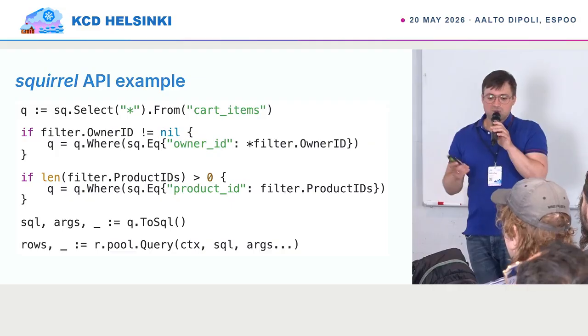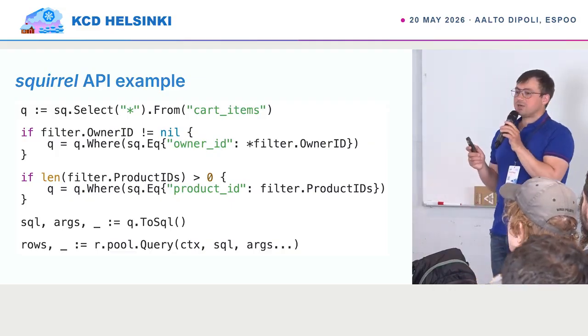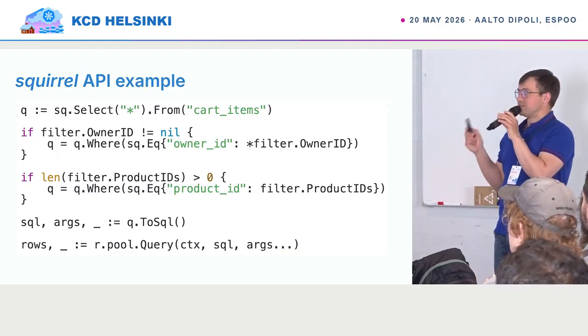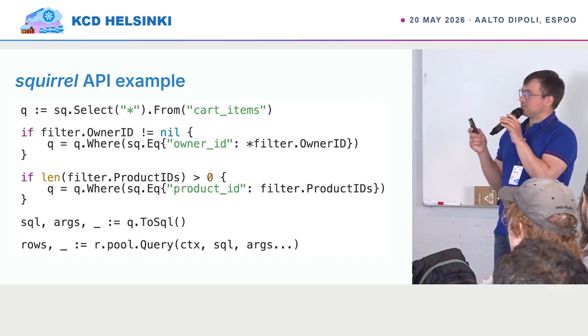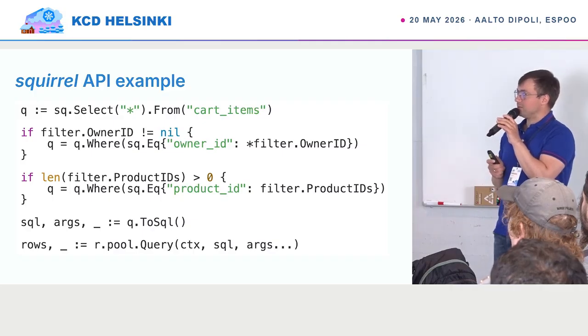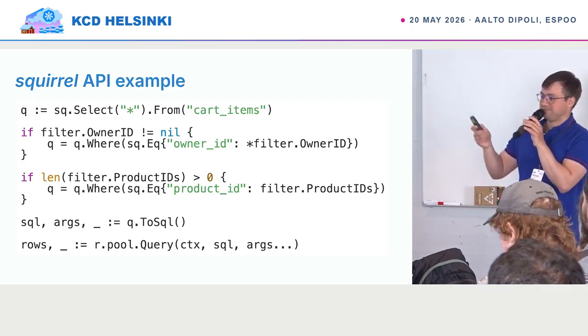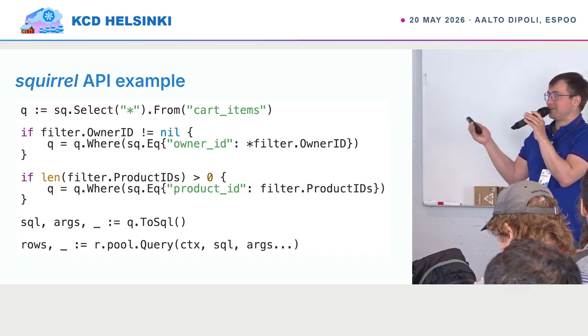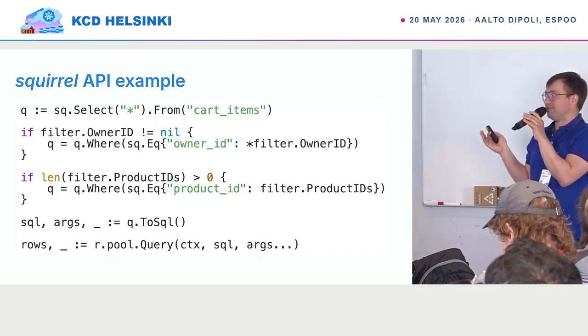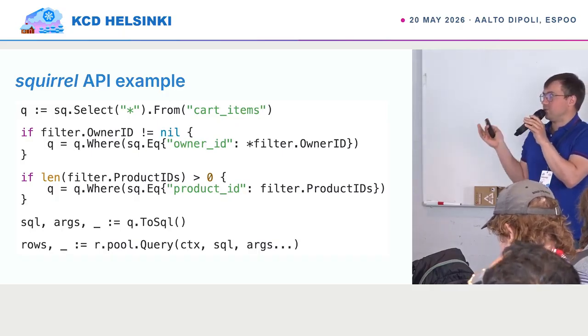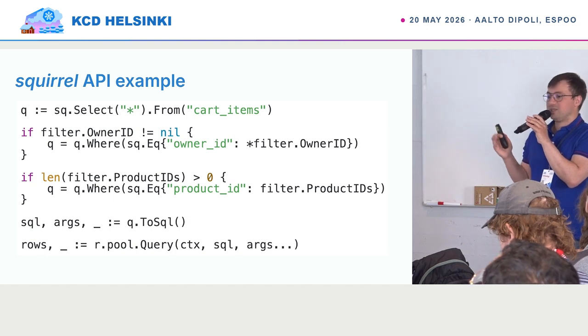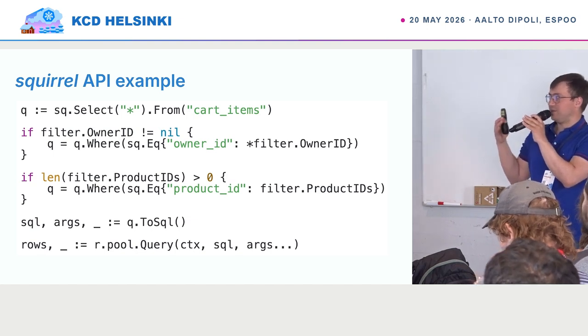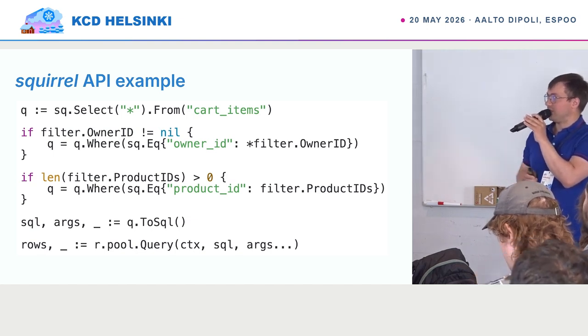The Squirrel code allows us to build dynamic queries inside the Go code. So this is how the library can be used. We can do things dynamically: if you want to include the owner ID filter, we include it, but if you don't want it, we don't. So we build the query dynamically, and then we execute it.